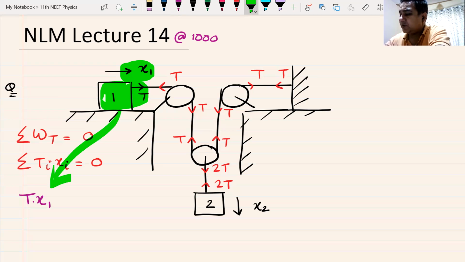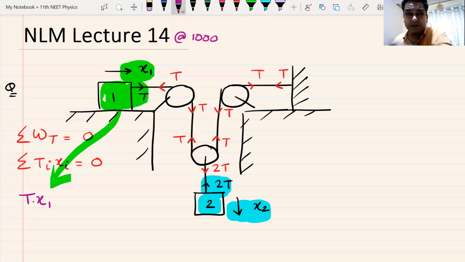What about the other block? Block number 2, the other block, we are supposing that it is moving down, but tension, which is 2T here, is upwards. 2T is upwards, X2 is downwards.